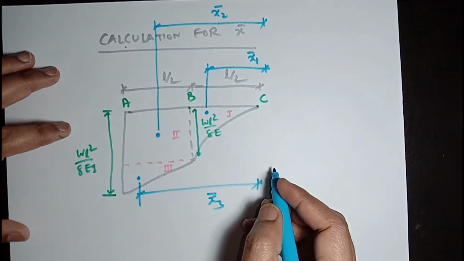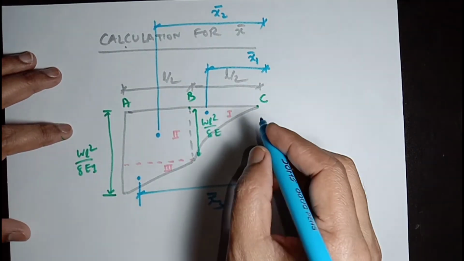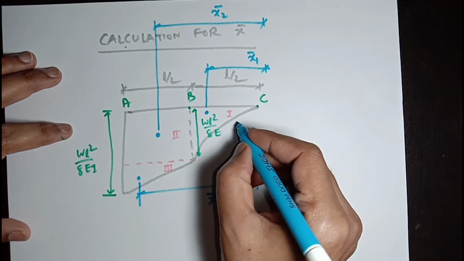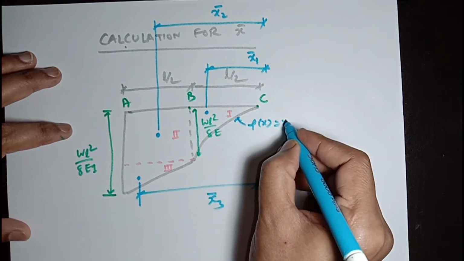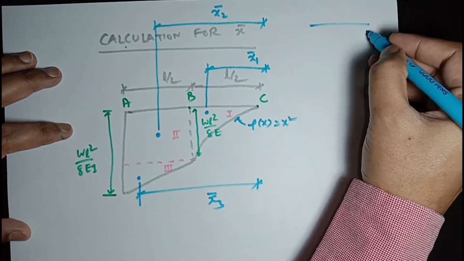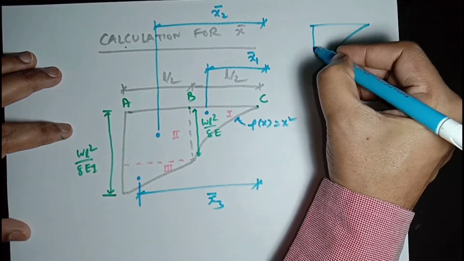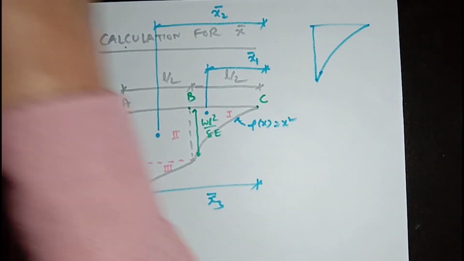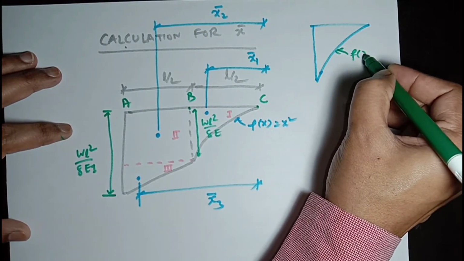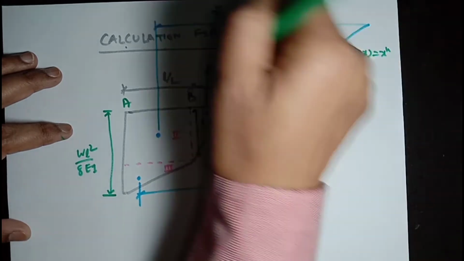Now I am going to calculate x1 bar from the general expression for any curve, which is a function of, here it is a function of x square. This is the general expression for any curve, f(x) equal to x to the power n.